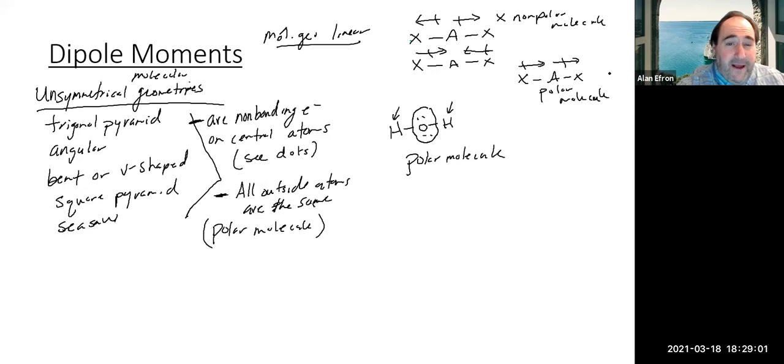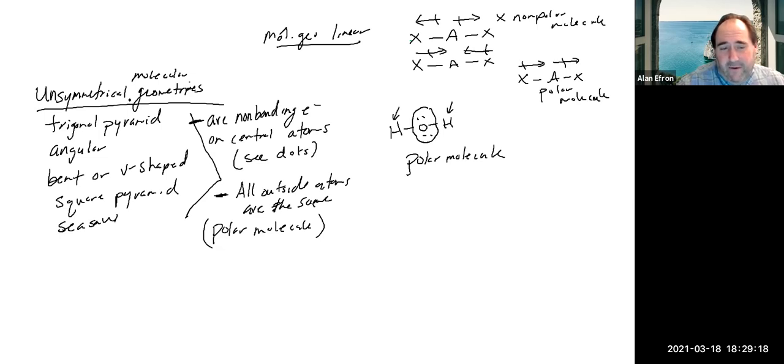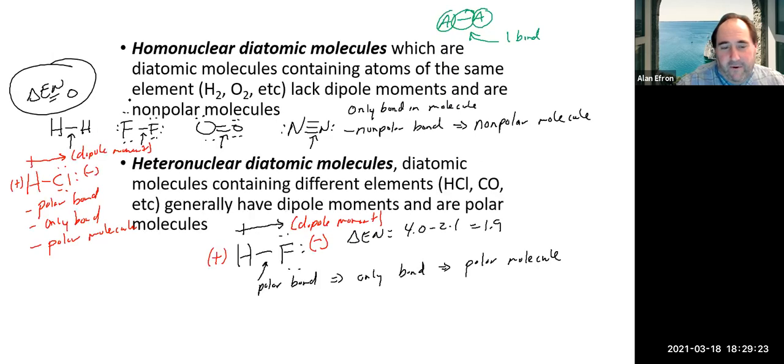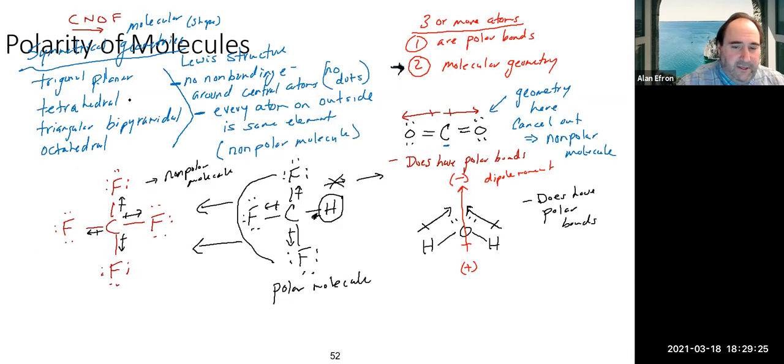Now, there actually are a couple of geometries that we didn't talk about here, that are maybe some exceptions, and they really don't fall with our unsymmetrical geometries. They fall with our more symmetrical geometries here.